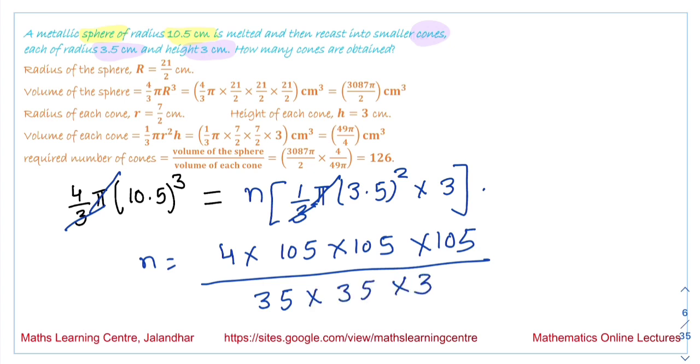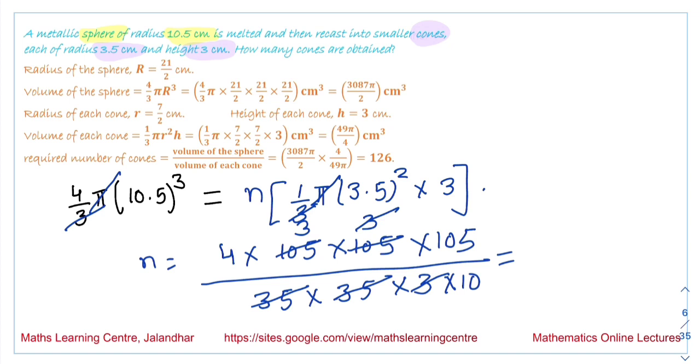into 3, and on solving this, the answer we will obtain: these two values, 35 and this get cancelled, we are left with 3, 35 and this get cancelled, we are left with 3, and these two values get cancelled. So the answer we are left with is 4 into 10 over here when we remove this decimal from 105.